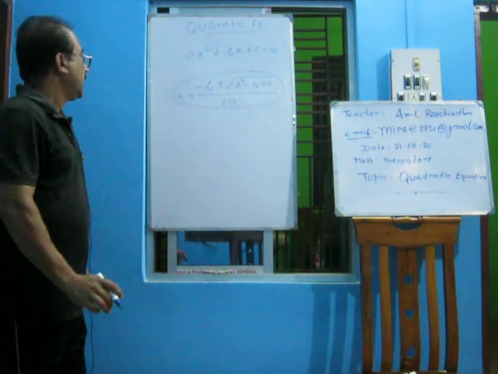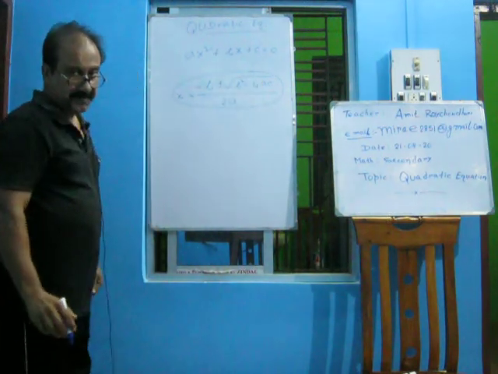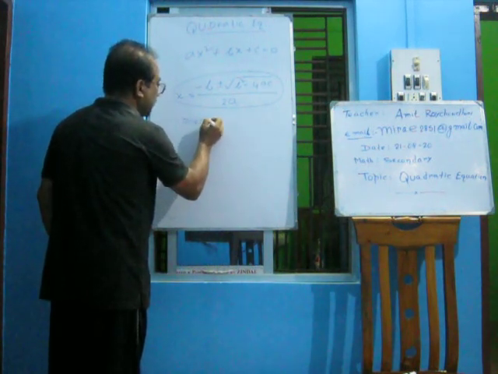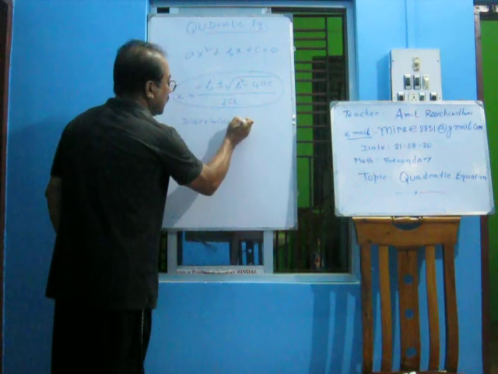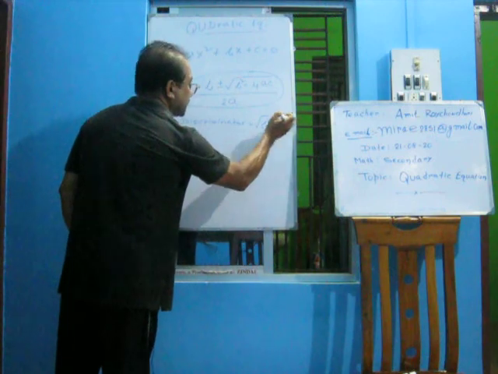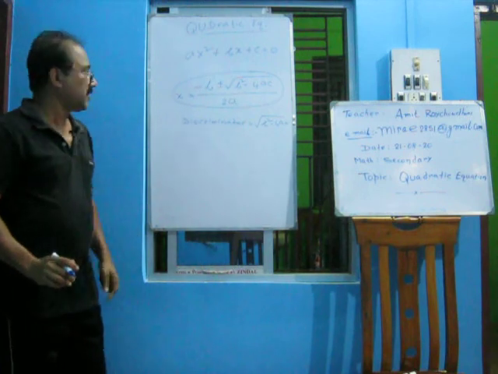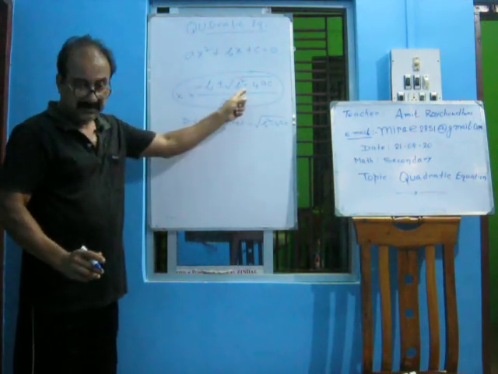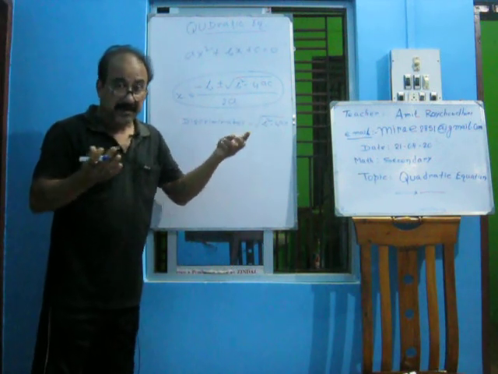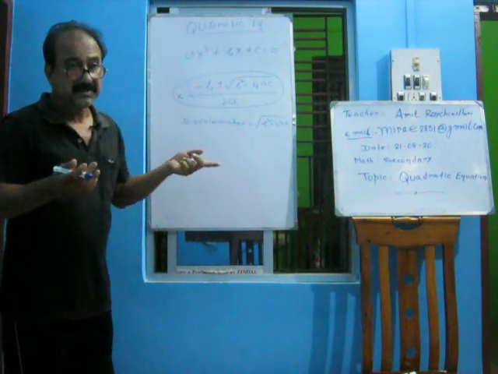In this answer, b square minus 4ac is called the discriminant. The discriminant actually gives the character of the answers, whether they are real and equal, or imaginary.